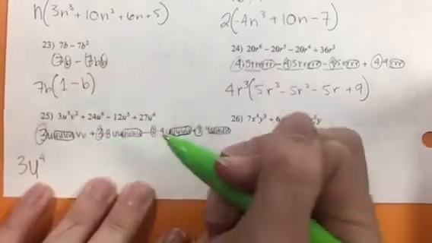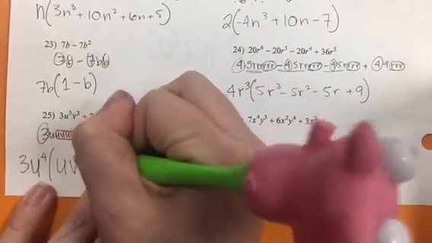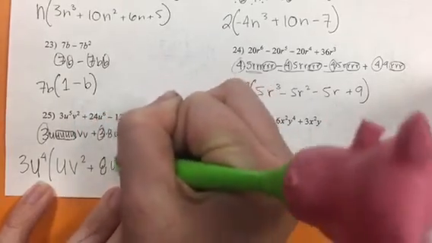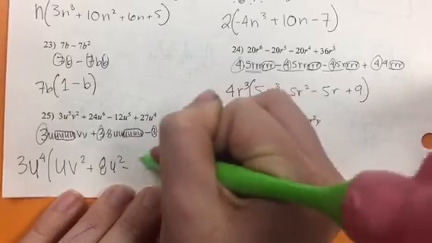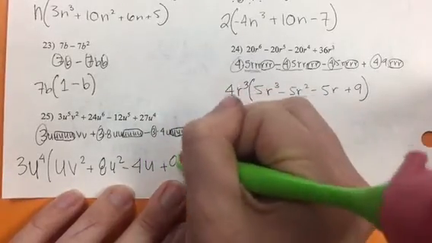So I took out 4 u's, which means that I have u v squared plus 8 u squared minus 4u plus 9.